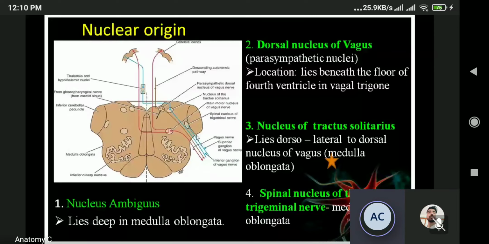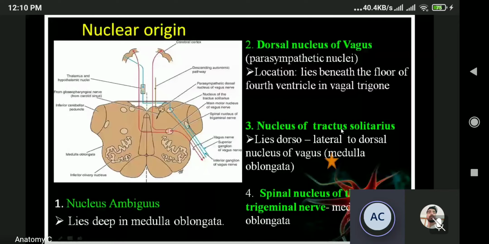So for that purpose, we include the spinal nucleus of the trigeminal nerve in the nuclei of the vagus as well. But if you don't want to include it, it will be fine. But you have to remember the nucleus ambiguus, the dorsal nucleus of the vagus, and the nucleus of the tractus solitarius. Those are the very important nuclei.